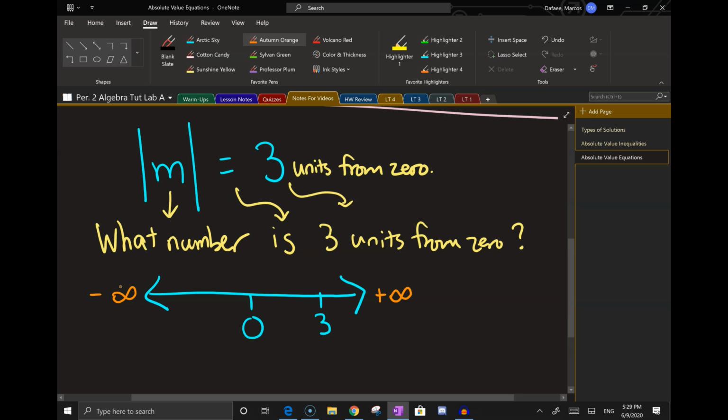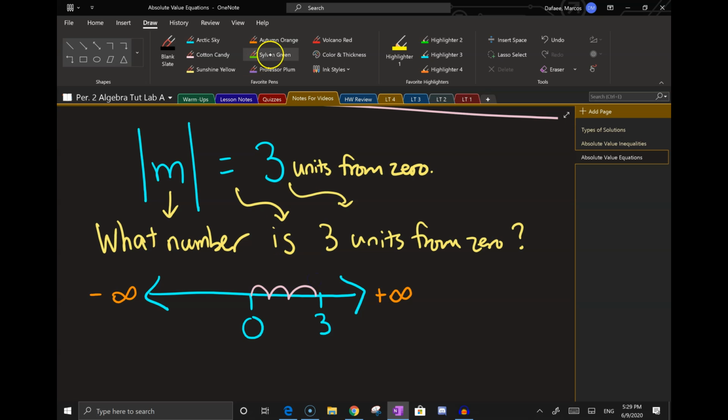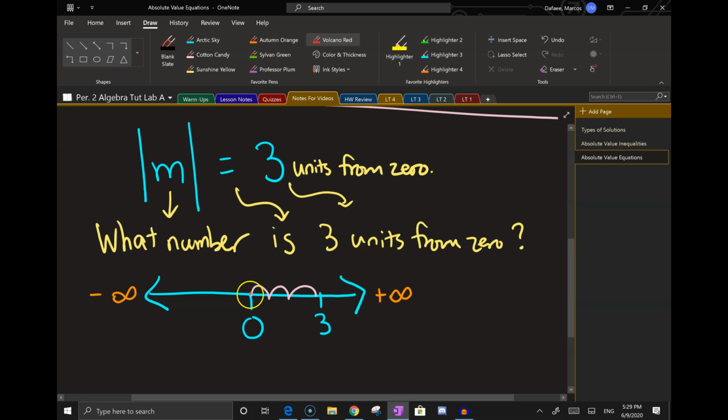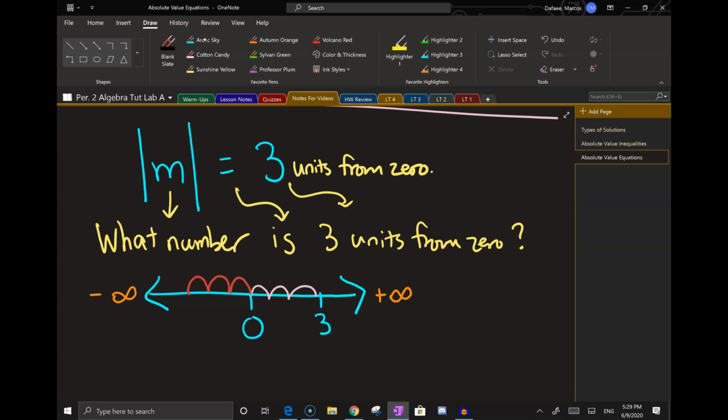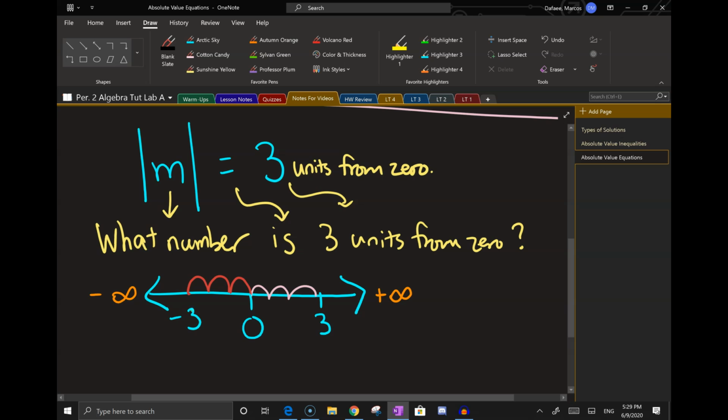And we have to consider all the numbers that are 3 units from 0, not just to the right, but also to the left. So first, I'll complete what I have done so far: 1, 2, 3. But if we go the other way, 1, 2, 3, we arrive at a different number, and that would be negative 3.